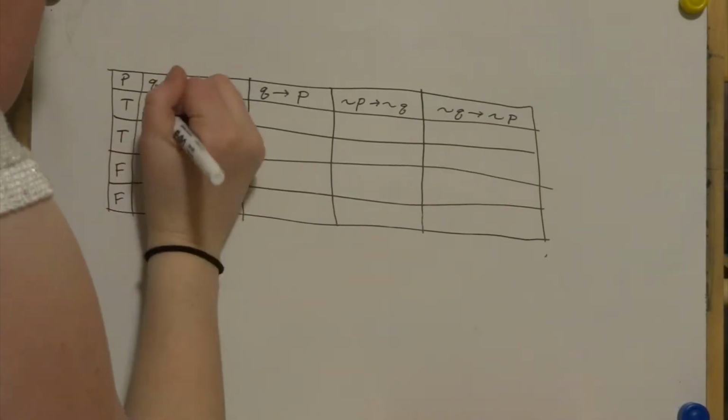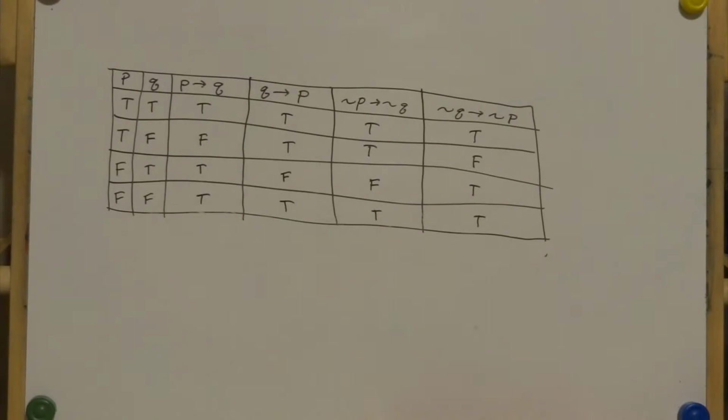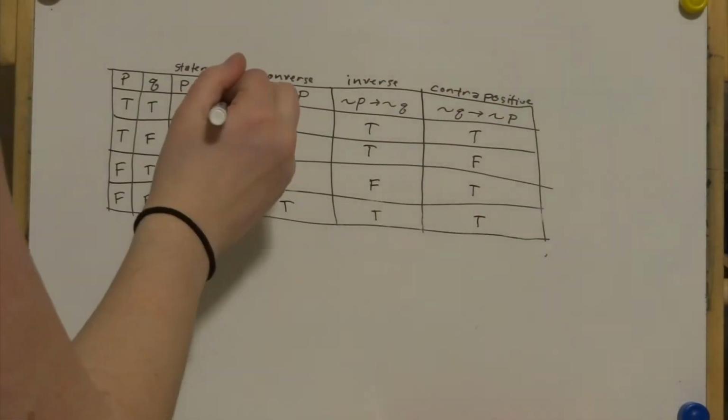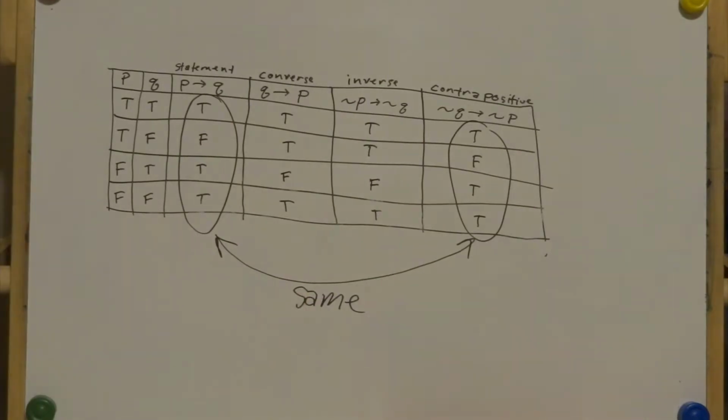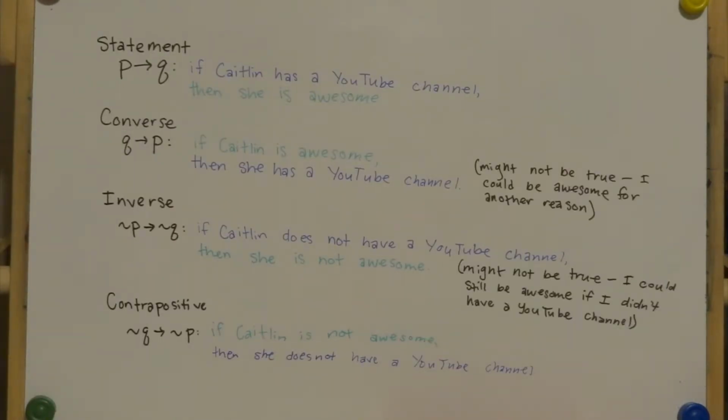A truth table shows that all statements have the same truth value as their contrapositive, but not the same truth value as the inverse and the converse. That means that even when a statement is true, if you flip the terms, then that statement might not be true.